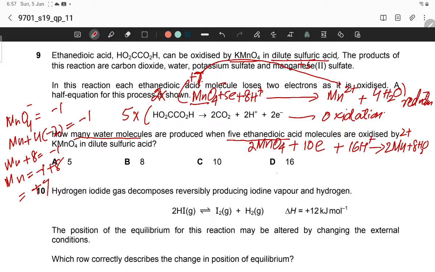Now this equation is multiplied by 5: 5 HO2CCO2H to form 10 carbon dioxide plus 10 hydrogen ions plus 10 electrons.